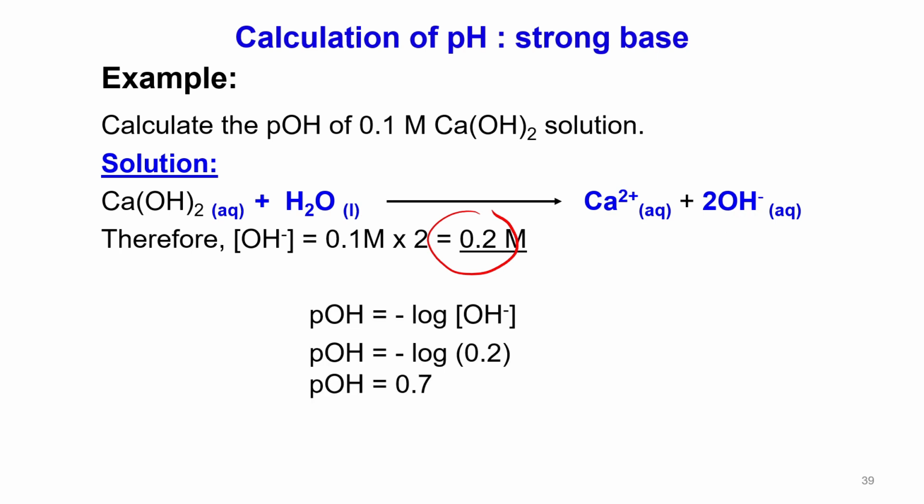Thus, pOH is equal to negative log OH minus, so pOH is equal to negative log 0.2, which is 0.7. Jadi untuk kira pH, pH plus pOH is equal to 14. So pH is equal to 14 minus 0.7, which is 13.3. Kalau 13.3 ni is basic.